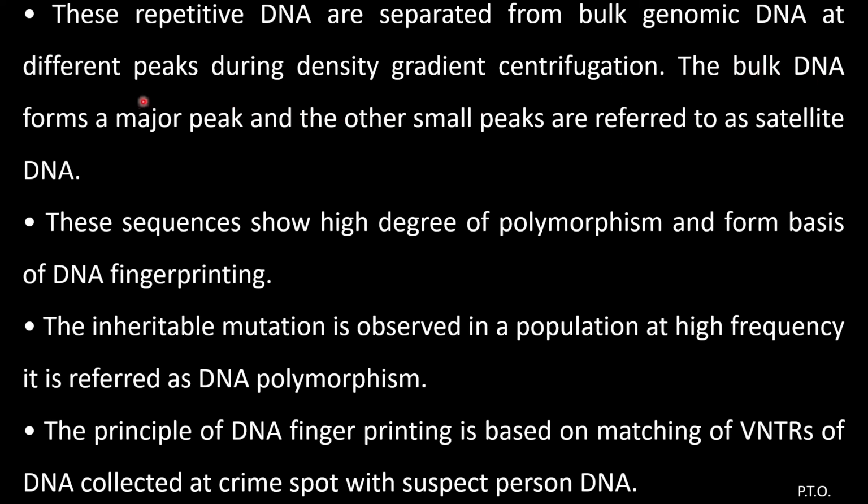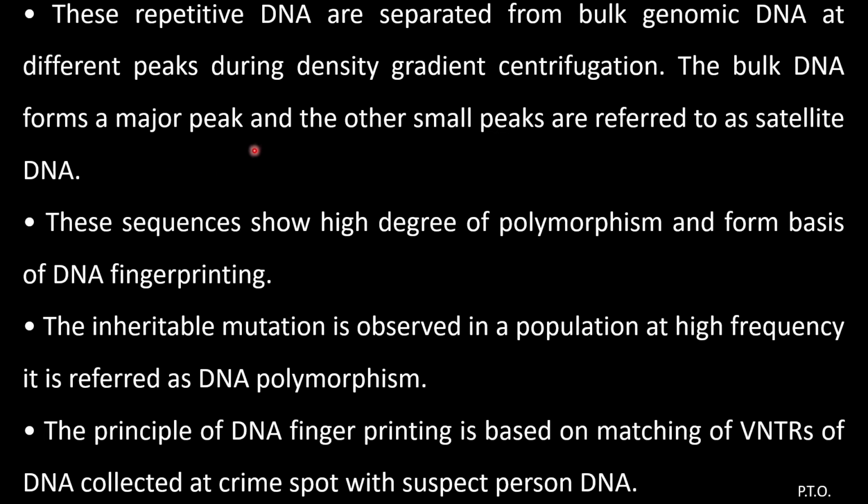The bulk DNA forms a major peak, and the other small peaks are referred to as satellite DNA. So when the DNA are exposed to density gradient centrifugation, you will find the major peaks and the minor peaks. The major peaks form the bulk of the DNA, and small peaks are called satellite DNA.